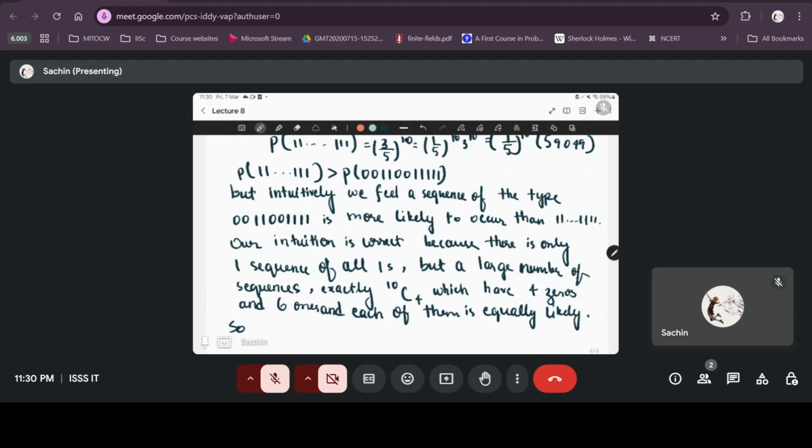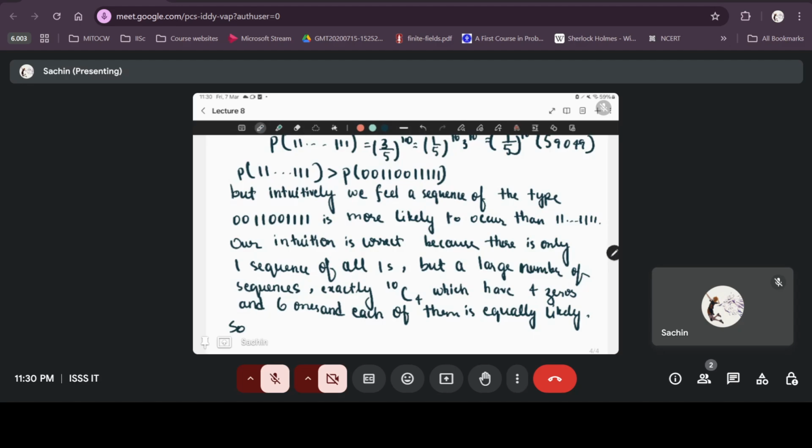Where those 4 zeros and 6 ones occur, we can't really guarantee, but we can guarantee that a sequence with 4 zeros and 6 ones in some place among the 10 places is much more likely to occur than a sequence of all ones, because there is only one way in which a sequence of all ones can occur, but there are a large number of ways in which a sequence of 4 zeros and 6 ones can occur.